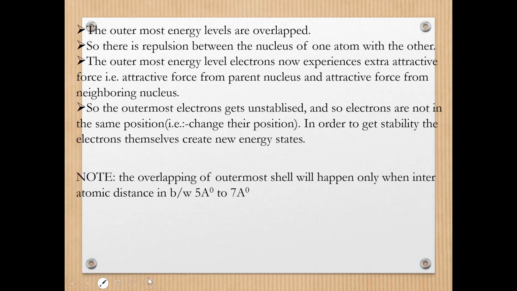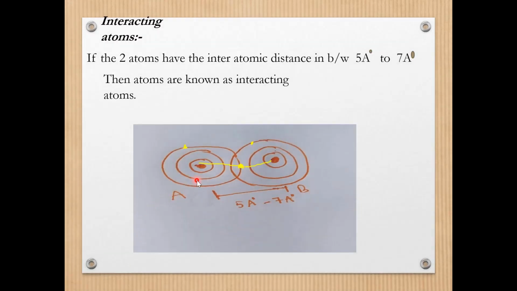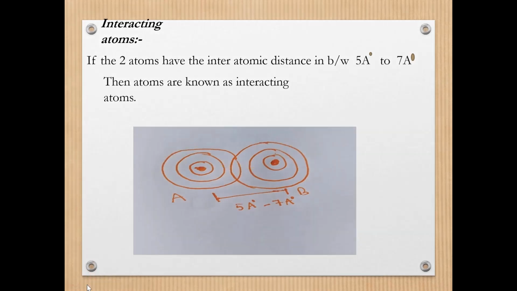That is, the distance between these two nuclei must be in the range of 5 to 7 angstroms only. If it is greater than 5 to 7 angstroms, then the outermost electrons of atom A will not be affected by the attractive force of the nucleus of atom B. It must be noted.